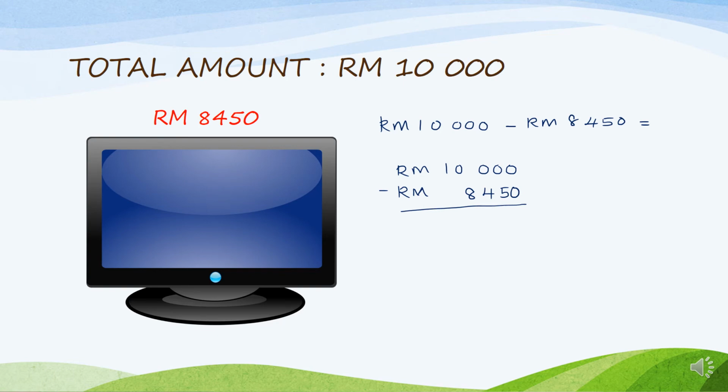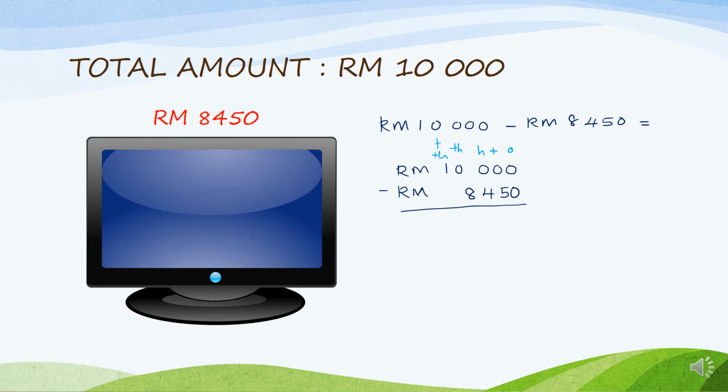Okay, this 0 is in the ones place value, then tens, hundred, thousand, and 10,000. So 0 minus 0, you will get 0. But from here, this 0, can we minus this 5? Cannot, right? Because 5 is bigger than the 0.